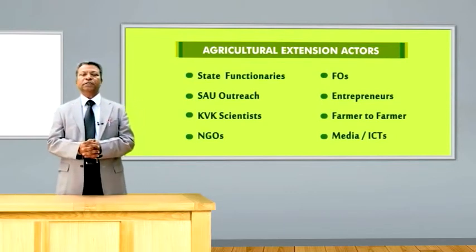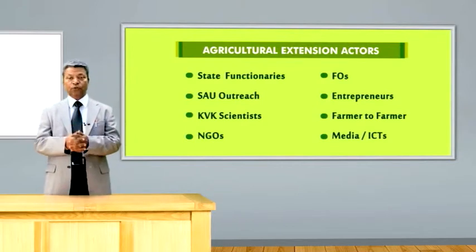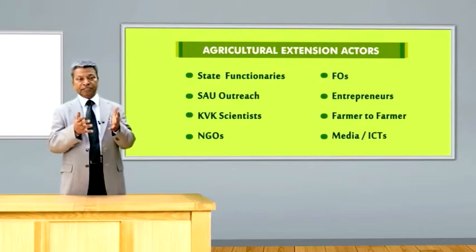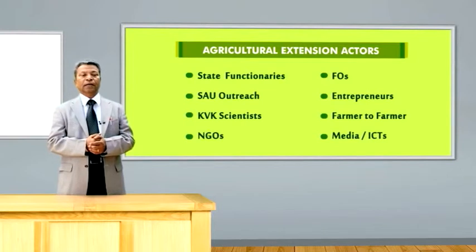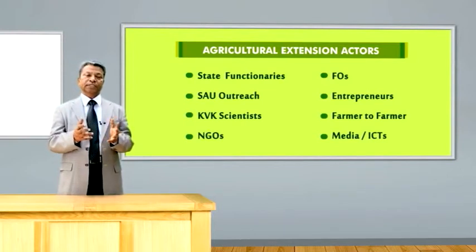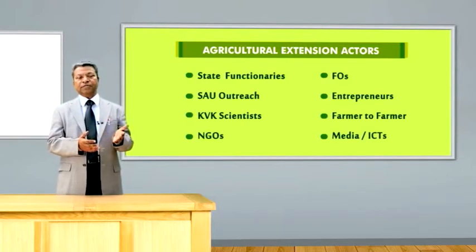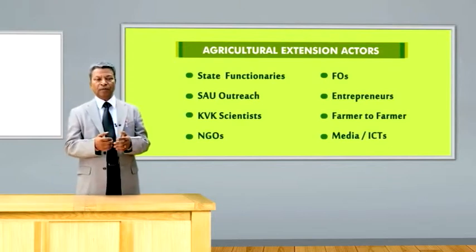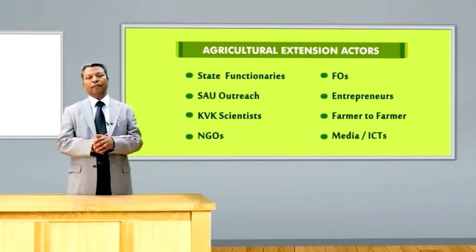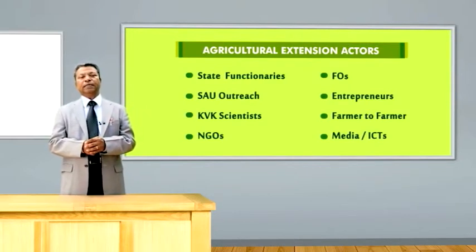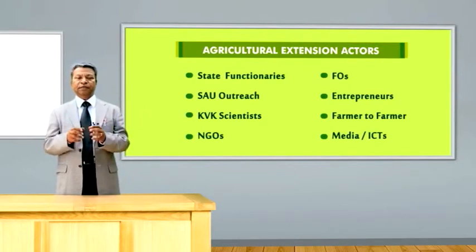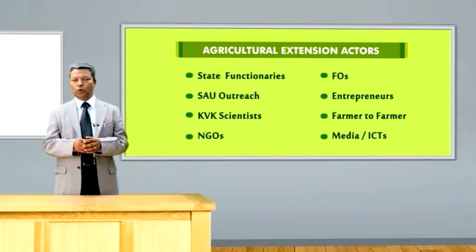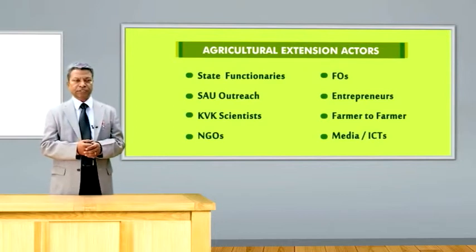Then a large number of non-government organizations are also performing extension function. Then there are farmers organizations, in states like Maharashtra, Andhra Pradesh, Karnataka. A good number of farmers organizations have come up. Then there are entrepreneurs in different subject matters who are also playing the role and responsibilities of agricultural extension.